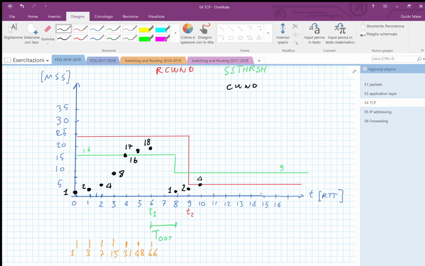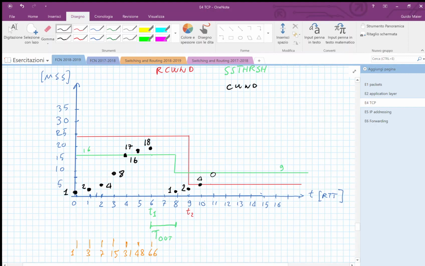The congestion window arrives here, okay, but we cannot transmit 8 segments because now we are constrained by the send window, okay. The send window is always set to the minimum between the congestion window and the receive window.